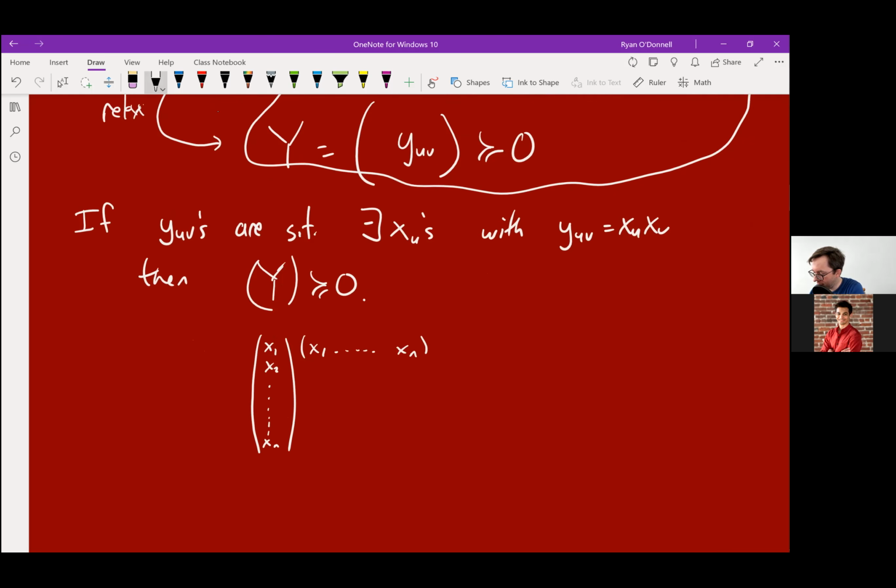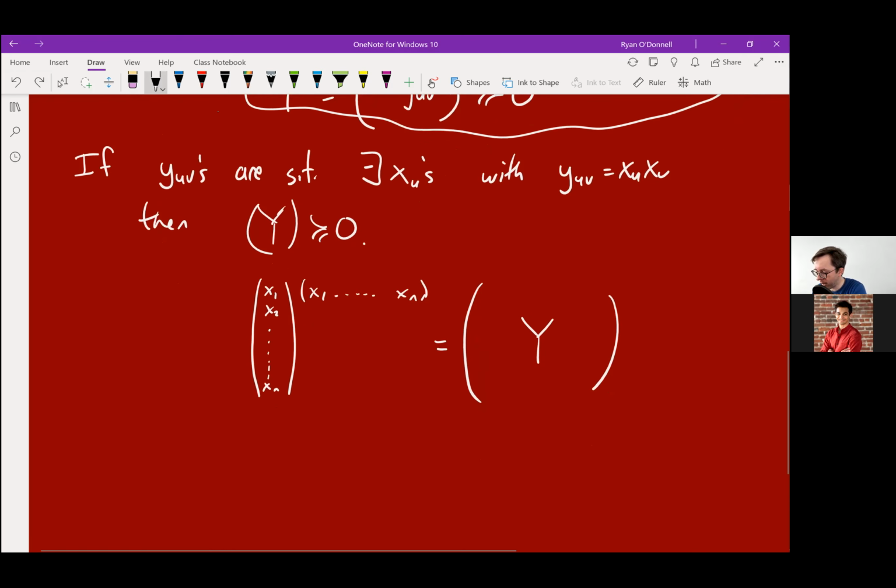This is the Cholesky decomposition thing. This will equal Y. Okay, that makes sense, because the UV entry here is X_U times X_V. Right. And so this gives a way of writing Y as a matrix times its transpose, and that's one condition for being positive semi-definite. Right. That makes sense.